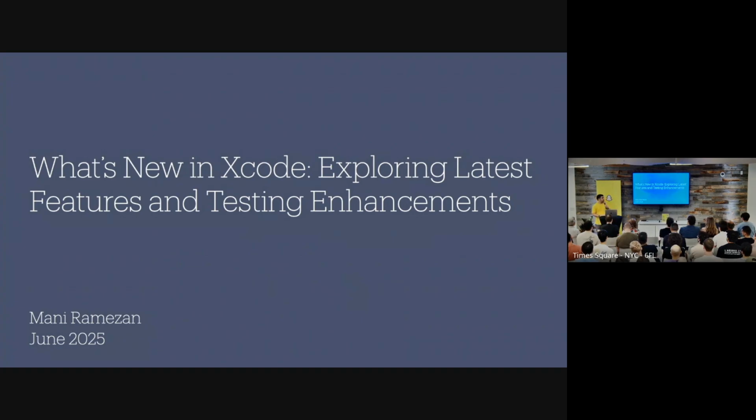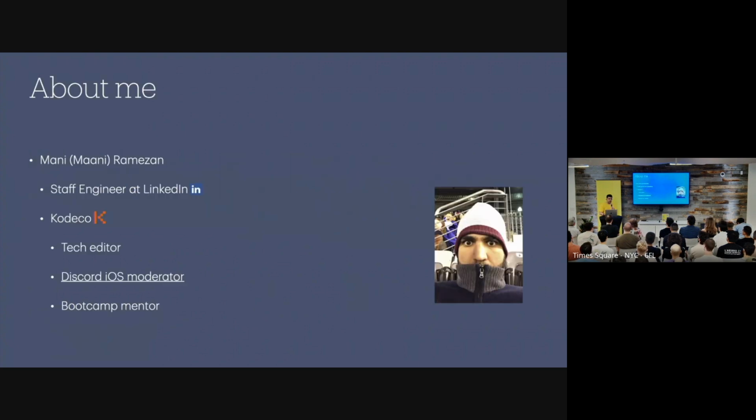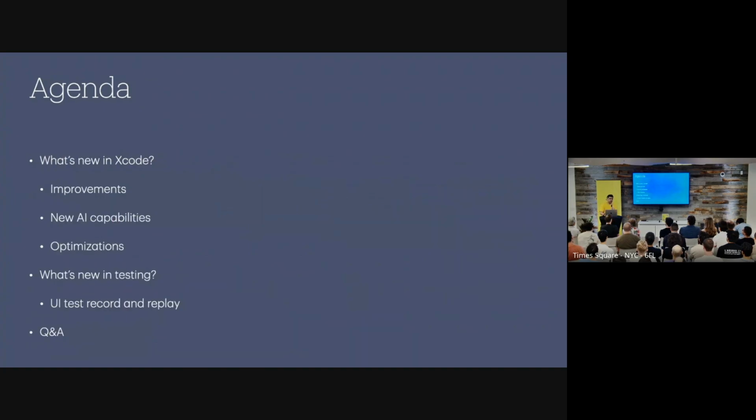I'm going to talk to you about what's new in Xcode and testing. My name is Mani. I work at LinkedIn, and I also do voluntary work at Codeco, which some of you might know. Today I'm going to cover quickly what's new in Xcode, generally the features that I cared about. During preparation, I was selfish.